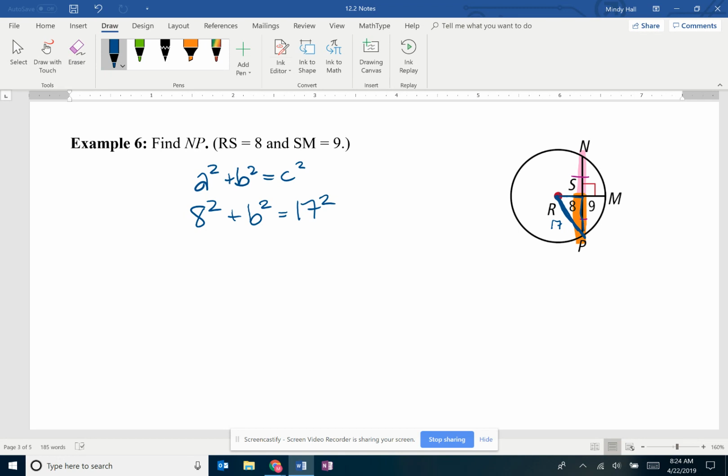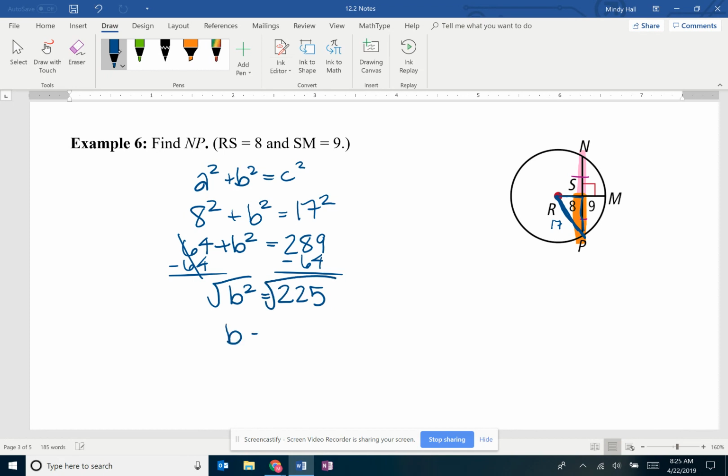So 8 squared is 64, and 17 squared is 289. When we subtract the 64, we get that B squared equals 225. When you take the square root of both sides, you get that B is 15.